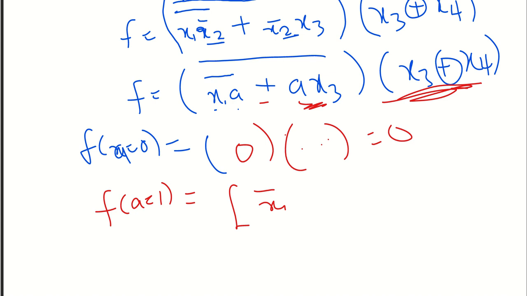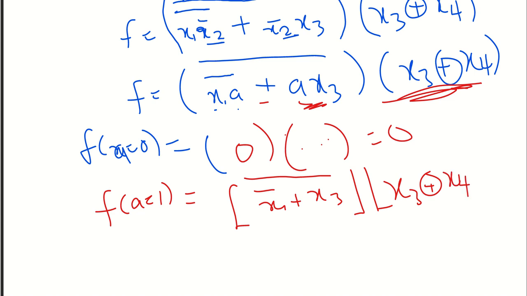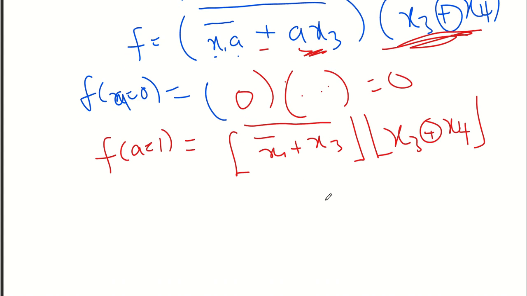Then 1 and x3 will just give you x3, so plus x3, and there's one big bar at the top, so all bar, multiplying x3 XOR x4. Okay, this is for when a is equal to 1.